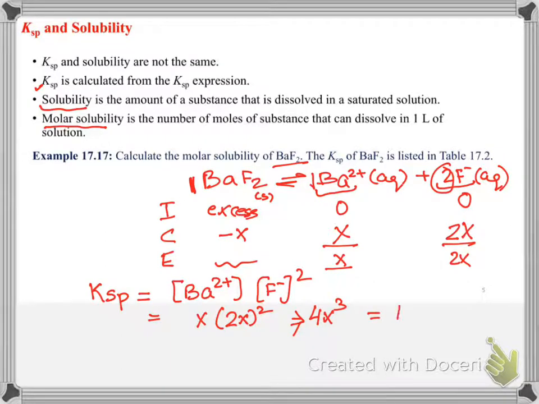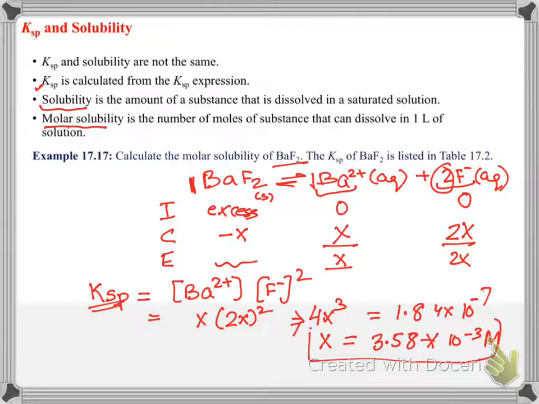It is 1.84 times 10 to the negative 7th. I'm making this equal to the Ksp value, and from here we can calculate X. First you divide by 4 and then you take the cube root. You will get 3.58 times 10 to the negative third molar. This is the molar solubility of barium fluoride.